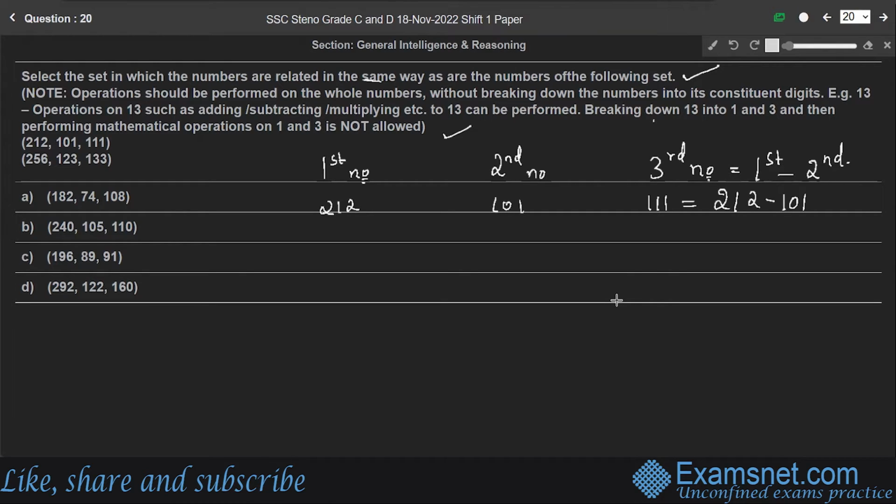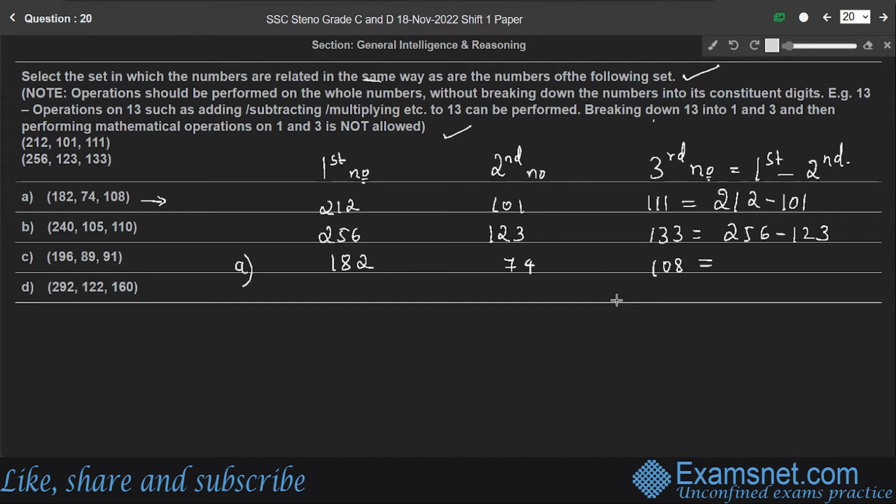Similarly, second set of numbers 256 and 123. The logic is here 133 is nothing but 256, first number minus second number. So which of the following options follows the same logic? For that, we'll consider first set of numbers, option A. 182 is the first number, 74 is the second number, 108 is the third number.